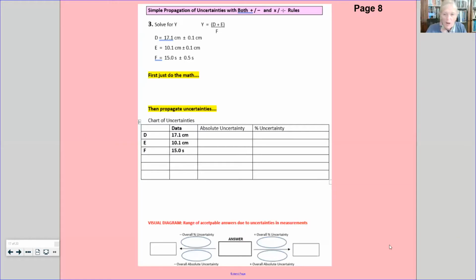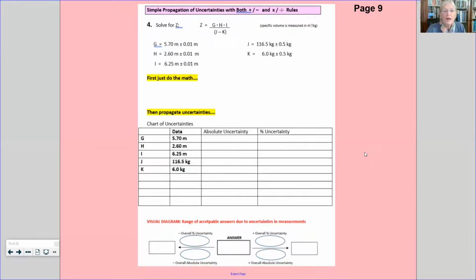So I hope by me showing you more about problem 3, you'll be able to do problem 4 on your own. Doing problem 4 would be a wonderful opportunity for you to practice what I have shown you. If you look at problem 4, once again, it is a combination of both adding, subtracting, multiplying, and dividing.